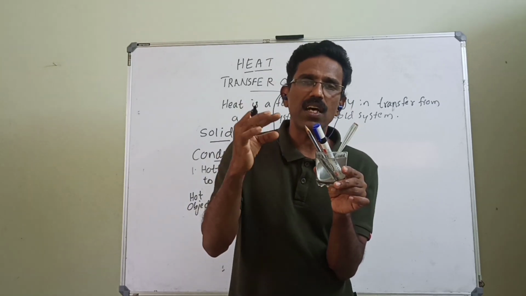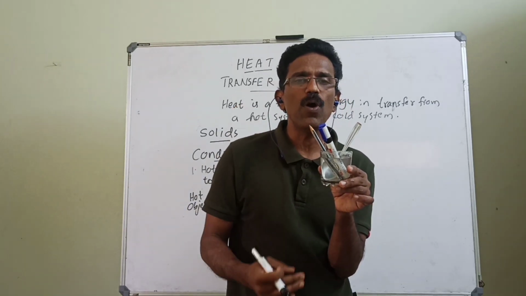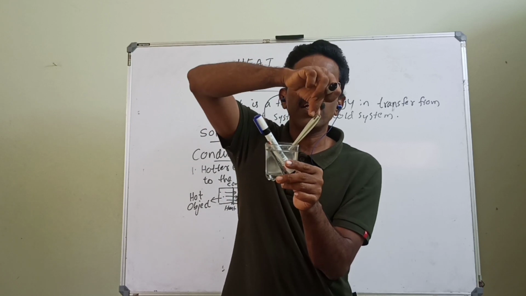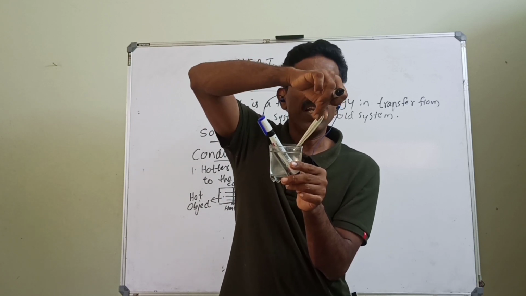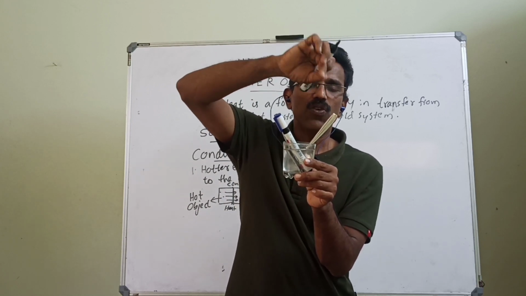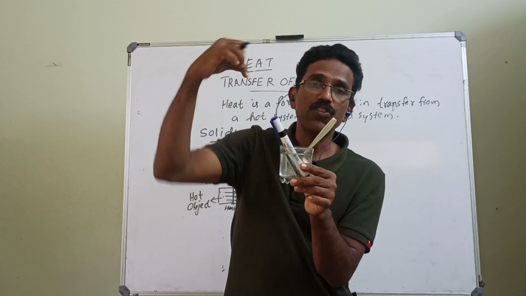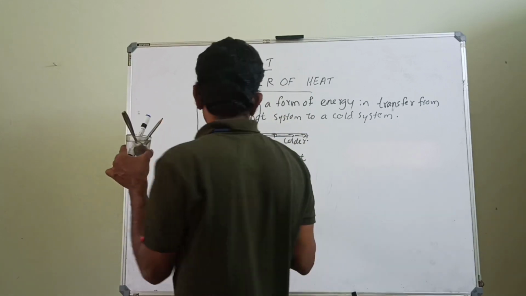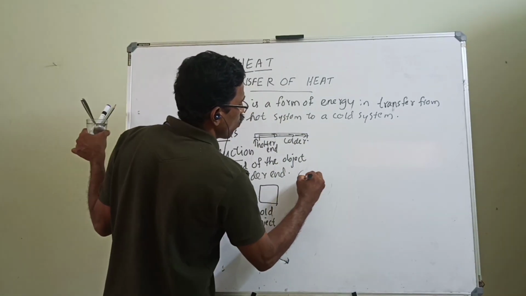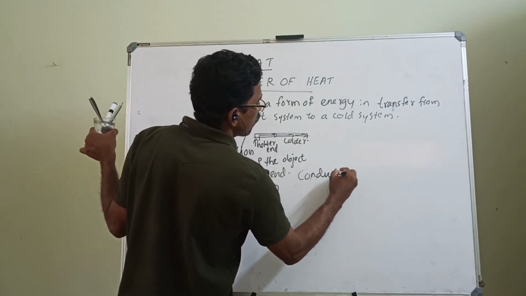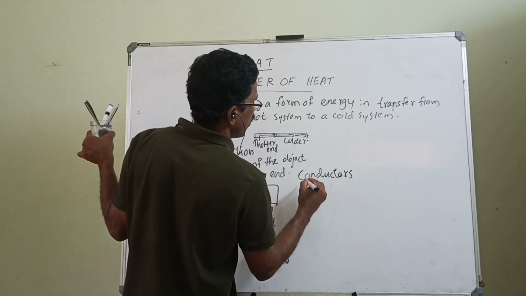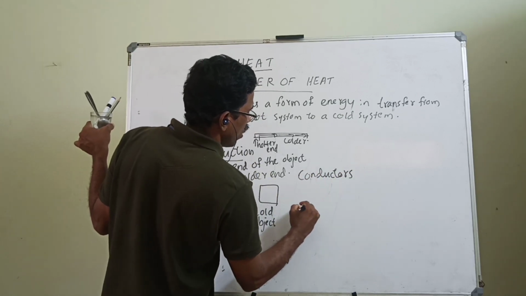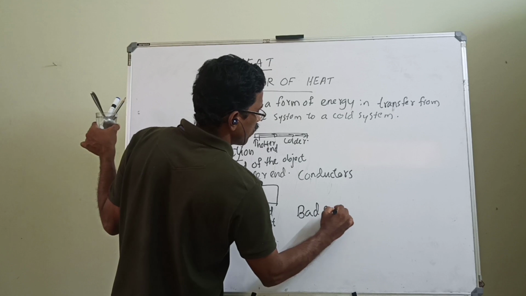So materials are classified into two groups. One is materials like steel or other metals, where heat transfer takes place quickly. Such materials are called conductors. So materials are of two types: conductors and bad conductors.